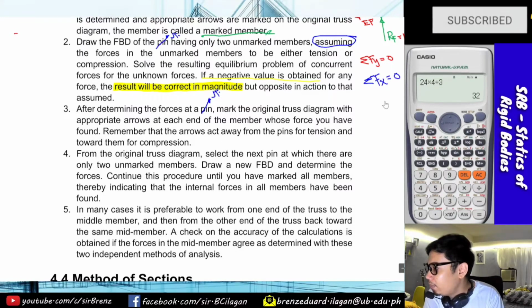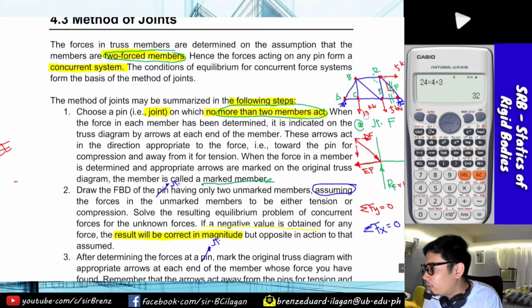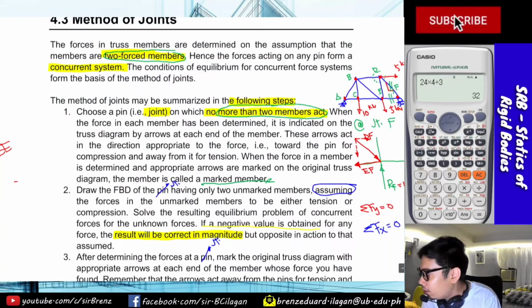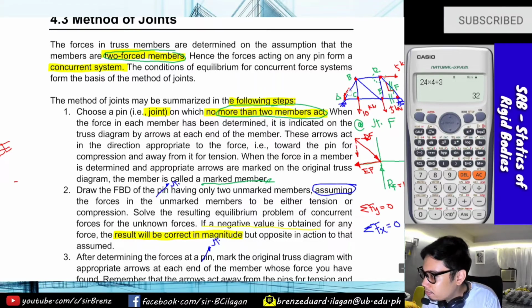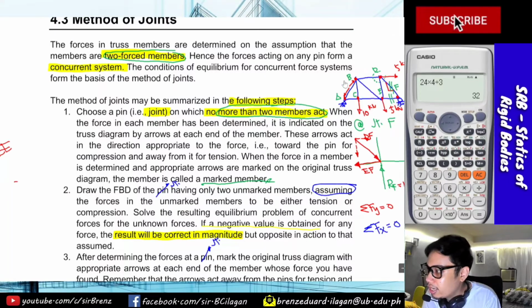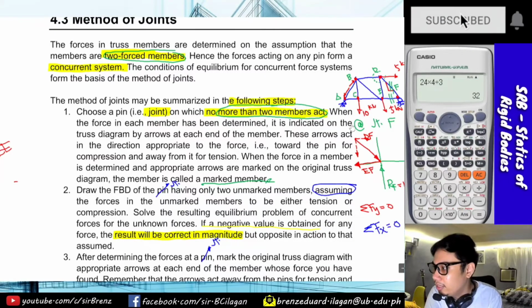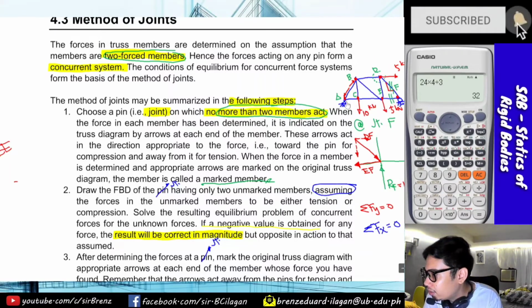So guys, ang sinasabi niya kasi dito is, for example, dito. If itong AB mo is in compression, so dapat pag ganito yung mai-illustrate mo, papasok. Kung dito is paganyan, so pagdating niya dito, ayan, compression siya, papunta doon sa mga joint A and B. And kapag tension, so palabas.